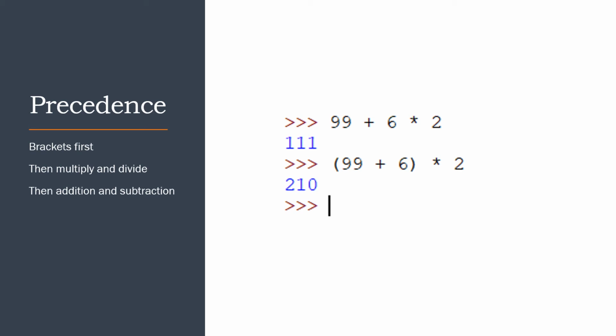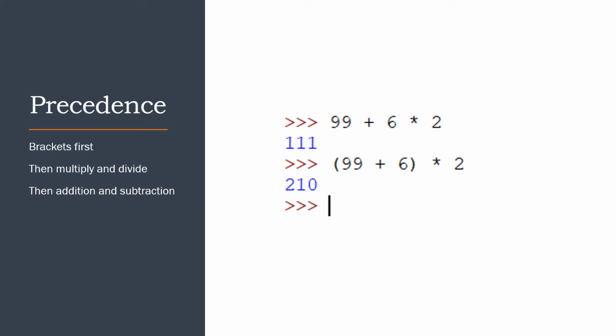So 6 times 2 is 12. Then the computer does the second part of the sum. It adds 99. So 12 plus 99 is 111, and that's the result of the sum.